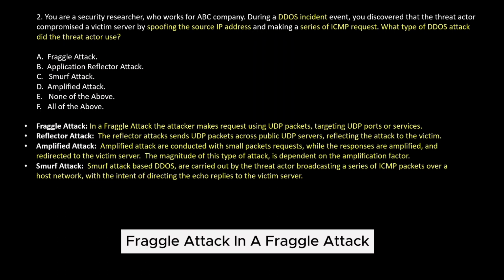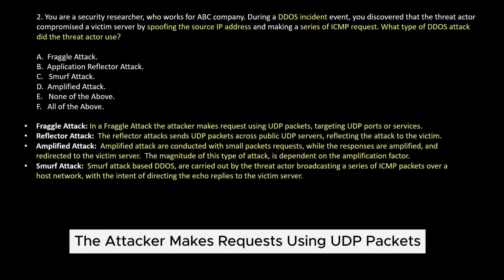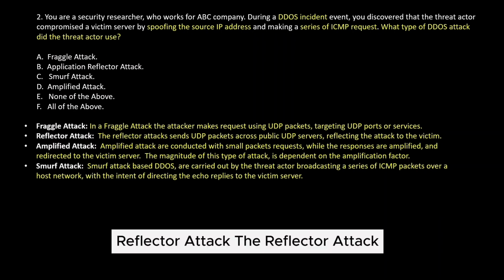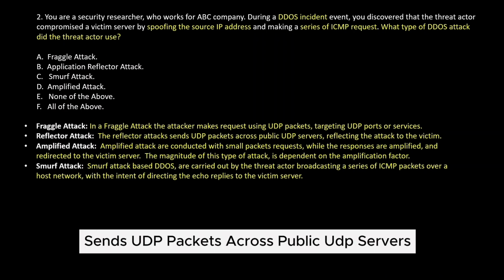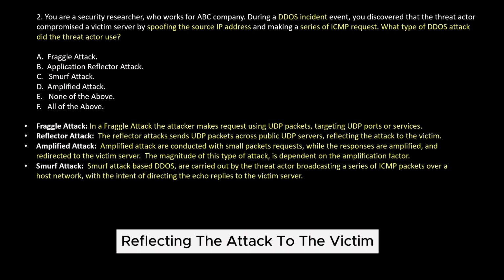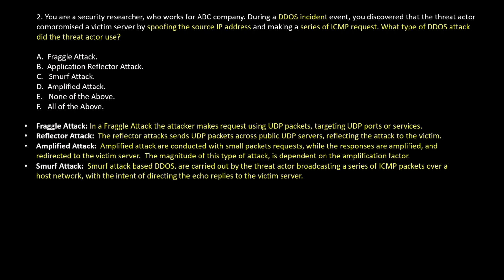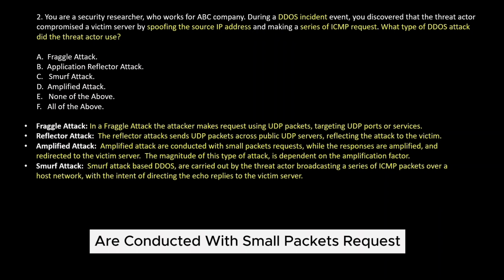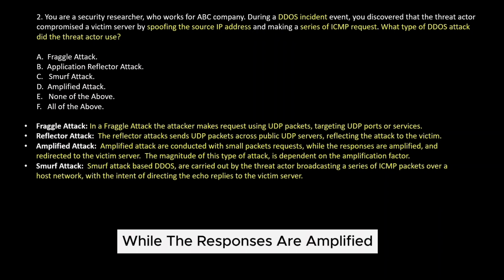Fraggle attack. In a fraggle attack, the attacker makes requests using UDP packets, targeting UDP ports or services. Reflector attack. The reflector attack sends UDP packets across public UDP servers, reflecting the attack to the victim. Amplified attacks, on the other hand, are conducted with small packet requests, while the responses are amplified and redirected to the victim server.